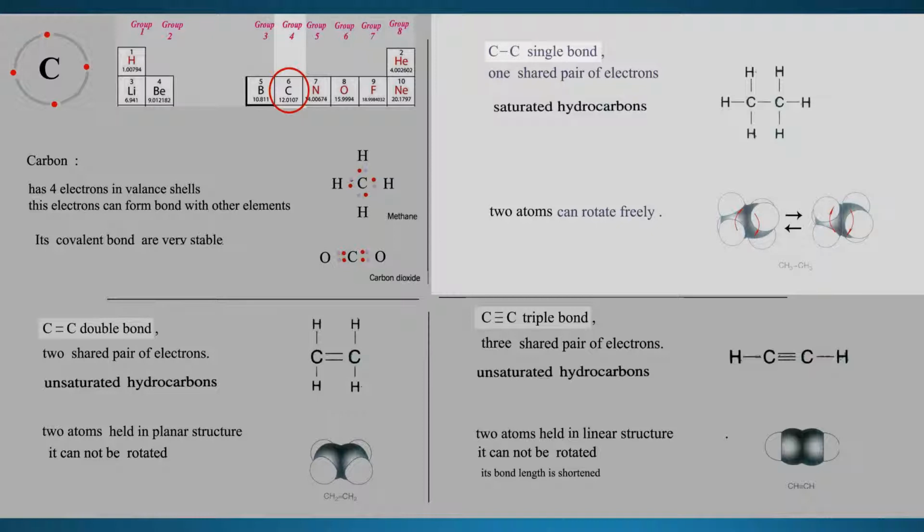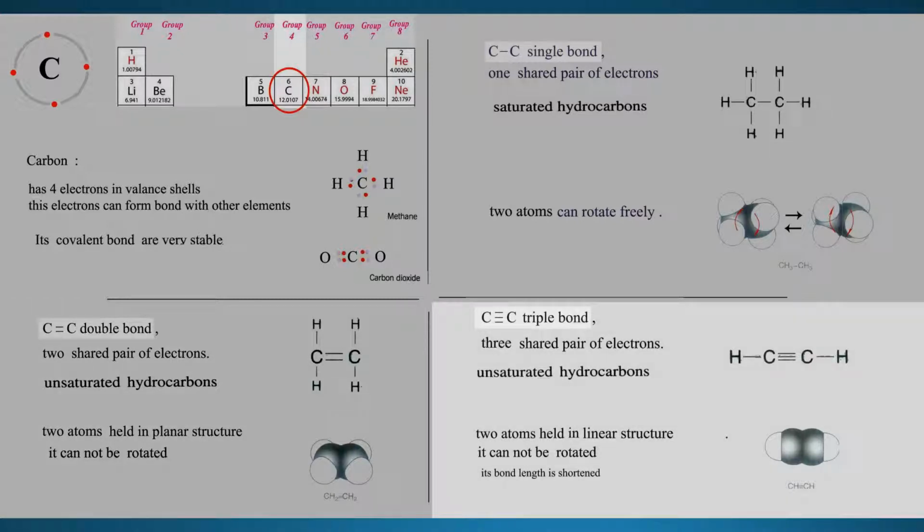And these single bonds are freely rotatable. Double bond hydrocarbon is called unsaturated hydrocarbon, and these structures are rigid. You cannot rotate.